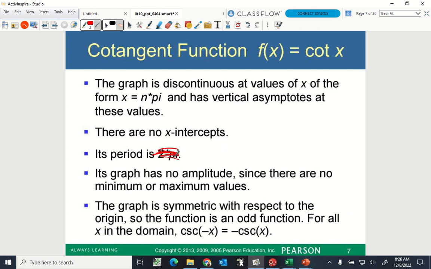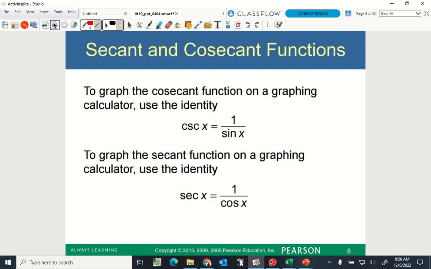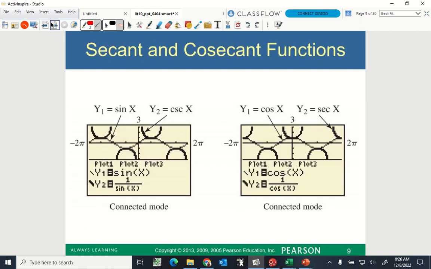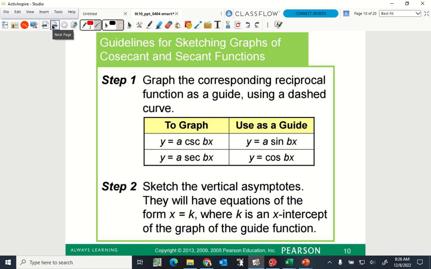Again, the period is 2 pi, but don't worry about that, because it's the same thing as sine and cosine. So cosecant goes with sine, secant goes with cosine. Whenever you see those on a graph, you treat it as if it's going to be a sine or cosine, and at the end, when it's time to sketch the graph, is where the difference comes in.